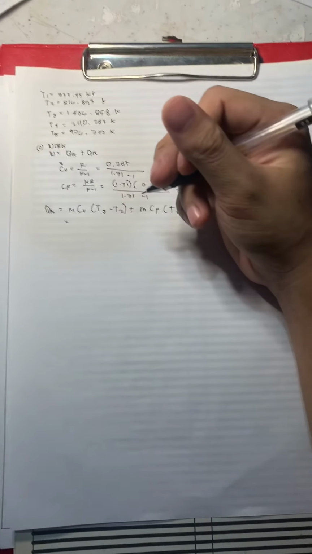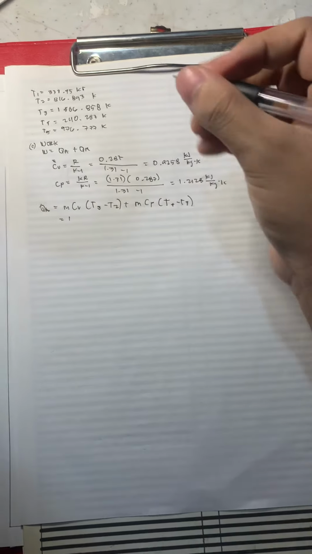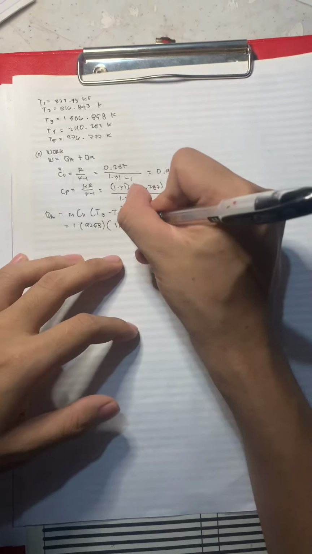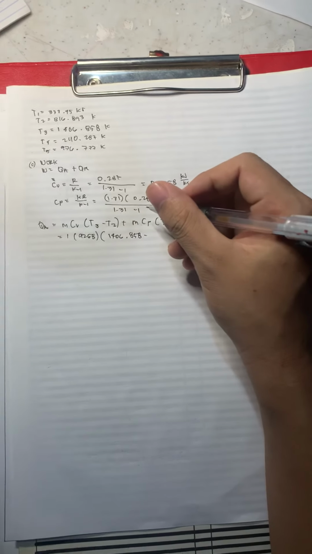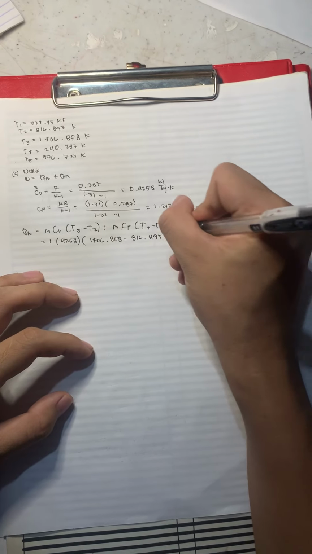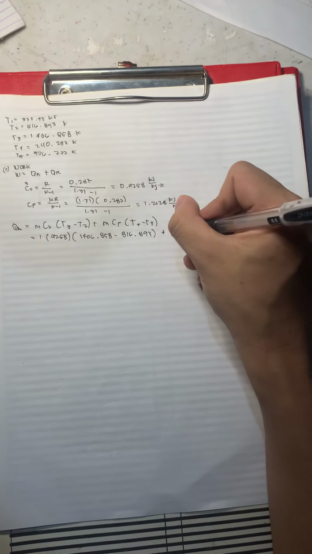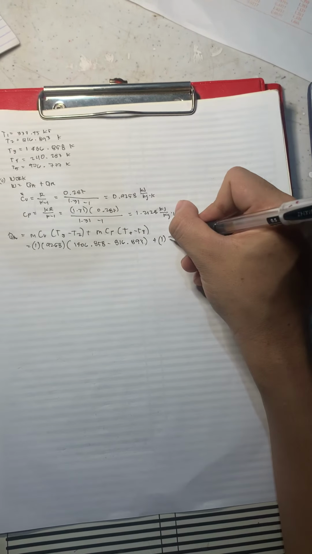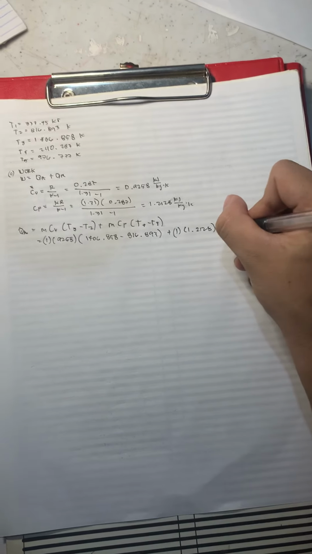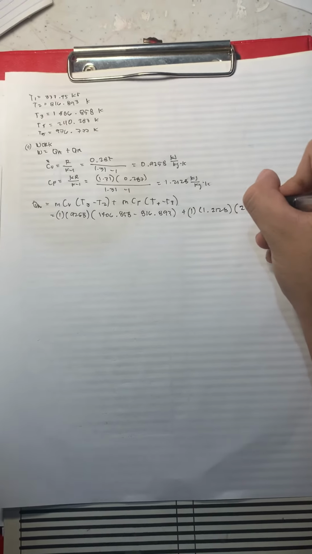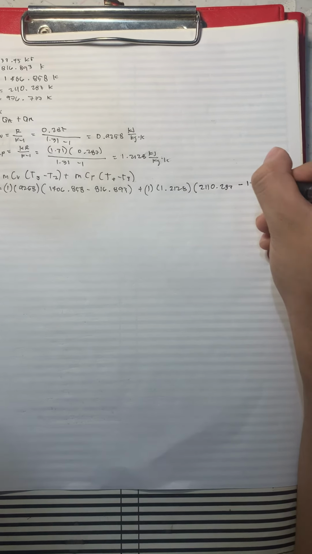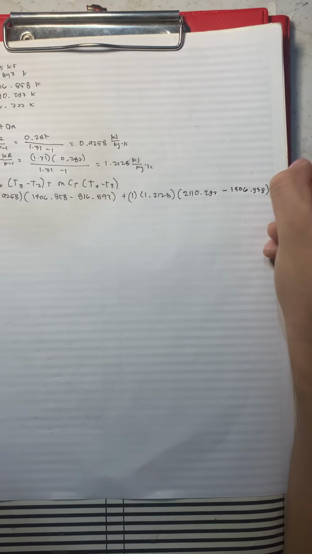Substituting the values, 1 kg times CV, 0.9258, times 1406.858 minus T2, which is 816.893, plus mass again 1 kg, CP is 1.2128, times T4, which is 2110.287, minus T3, which is 1406.858 Kelvin.